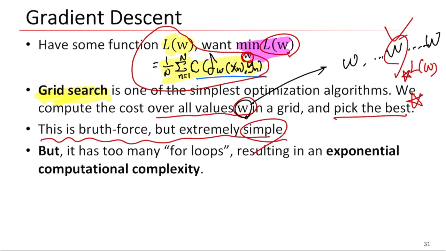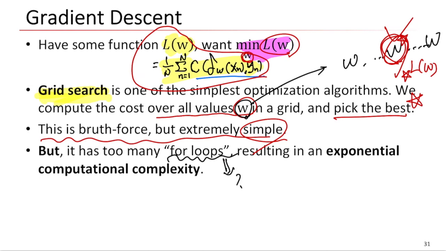Then we can choose this one, and this is our parameter learned from the training data set, right? But as you can see here, you can easily think that there are too many for loops. Do you know what it means, right?